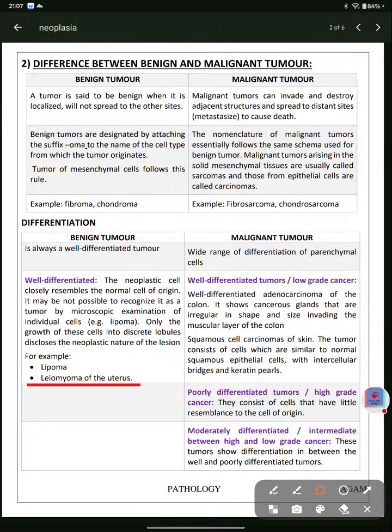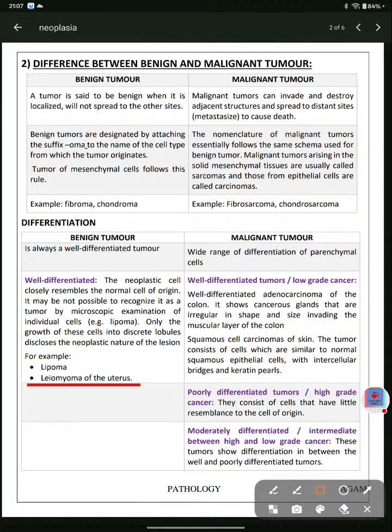Well differentiated tumors are low grade cancers. Well differentiated adenocarcinoma of the colon shows cancerous glands that are irregular in shape and size, invading the muscular layers of the colon. Squamous cell carcinoma of the skin consists of cells similar to normal squamous epithelial cells, with intercellular bridges and keratin pearls.